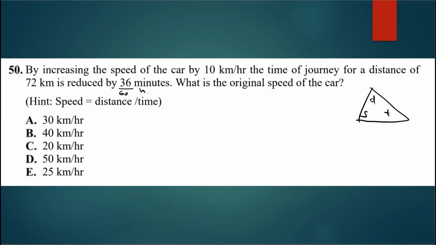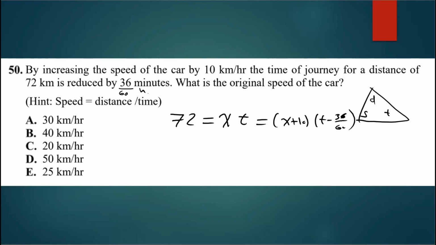So distance is 72. That didn't change. It happens in two scenarios. S times t, the first speed was x, the time was t. I'm not sure about that, but I know that if the x is increased by 10, the time is reduced by 36/60. This is my equation.